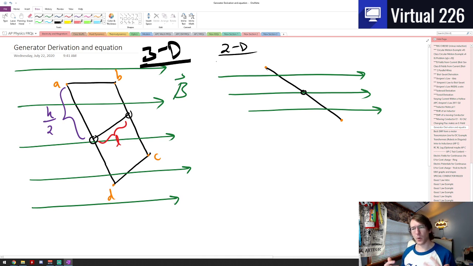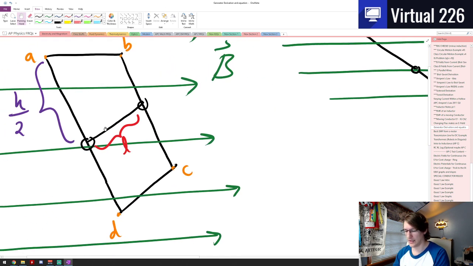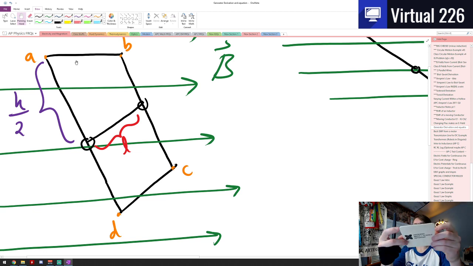Now, why this matters is because this bar is able to pivot and rotate around. It's like a coaster going around, allowed to pivot and roll.